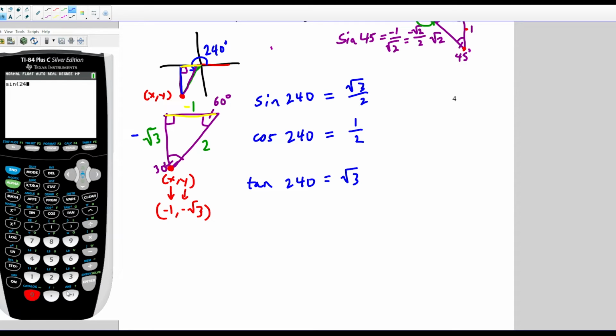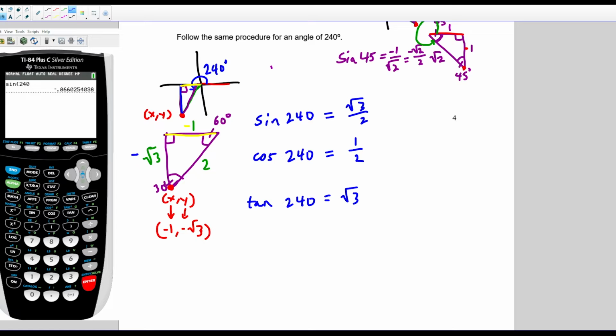Now again, looking at our calculator here, we're going to punch in a few different values. Sine of 240 should give us a negative value, but remember what we said about our special triangle. Our special triangle is really just a point of reference, hence our reference angle.